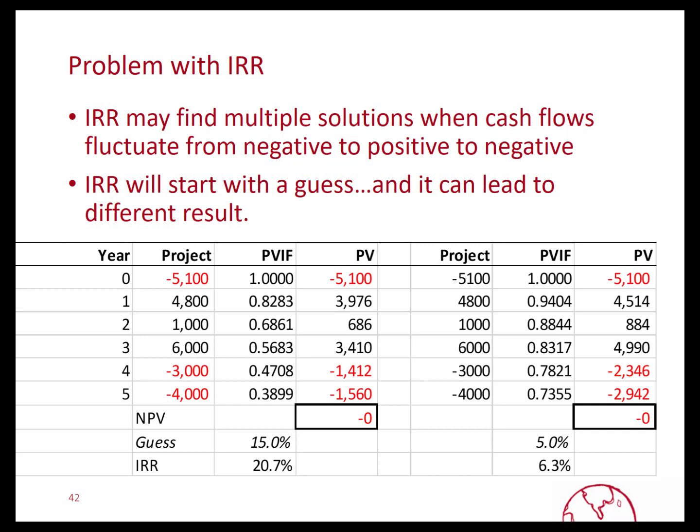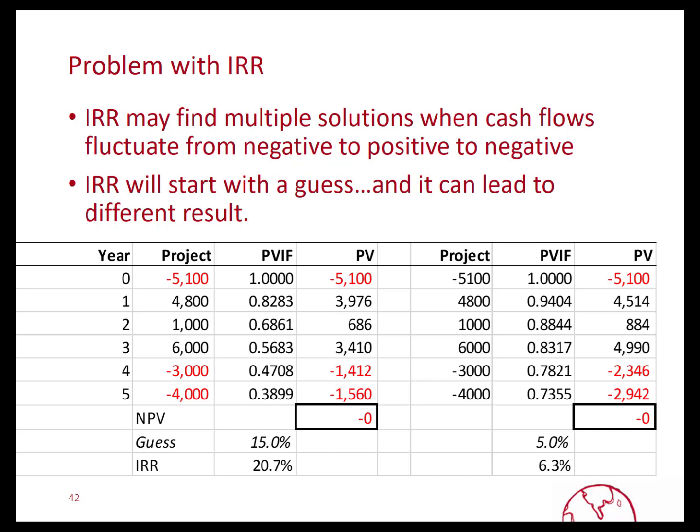If you were to find the IRR and put in a guess of 15%, Excel would tell you that the IRR is 20.7%, and in fact in this third column you can use 20.7, find the discount factors, multiply them by the cash flows and sum them up, and you can see that yes, net present value equals 0. But look at the example on the right.